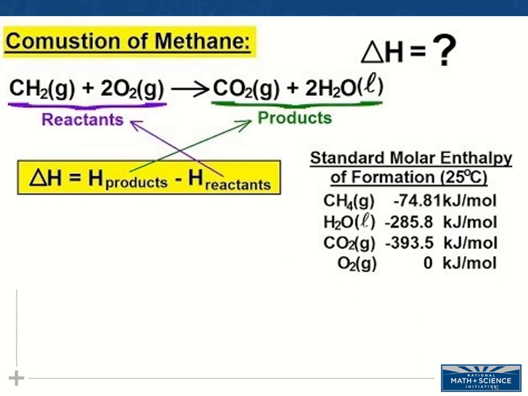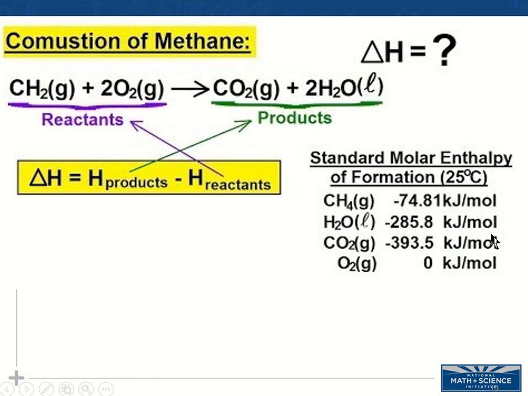So my products are here and my reactants are here. The sum of all the products, subtracted by the sum of all the reactants. We do also need to consider the coefficients of our balanced equation when doing this. You will be given a sheet.